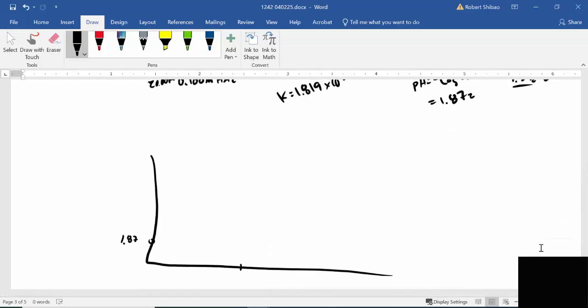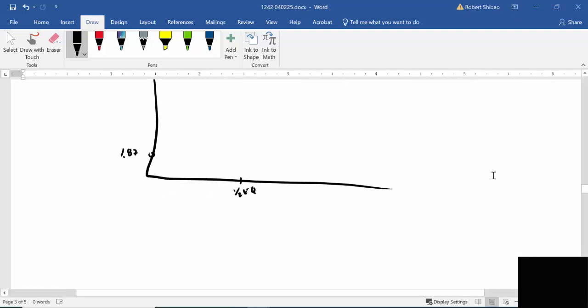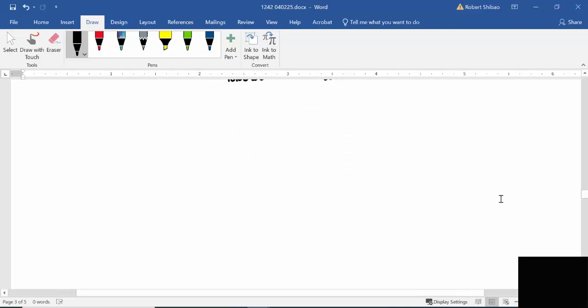And so the half equivalence point is going to come in at 10 milliliters, and the full equivalence point is going to come in at 20 milliliters. We're going to do the half equivalence point calculation in two ways: the long way and the short way.